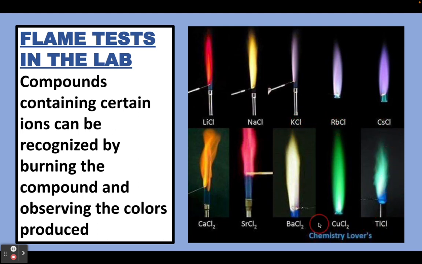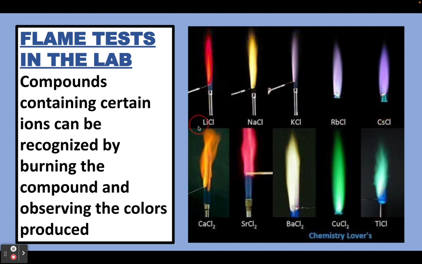They're all chlorides, but they're producing different colors. So if it was the chloride producing the color, they should all be the same color, but they don't have the same color. So it must be the metal ion, the first ion, lithium, sodium, potassium. Those are the ions that are producing the color.